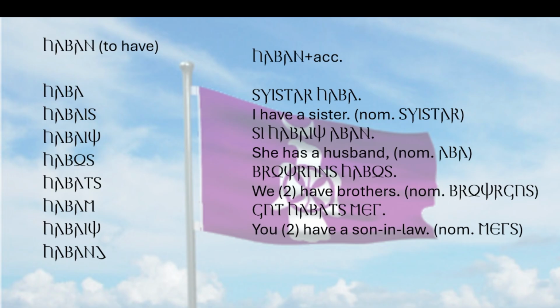Some examples for the usage of the verb 𝑡𝑡𝑣𝑎𝑛. The object, the thing that is being had, takes the accusative case. For example, 𝑠vistr 𝑡𝑡𝑣𝑎, I have a sister. In this case, 𝑠vistr is in the accusative case because the sister is the thing which is being had.